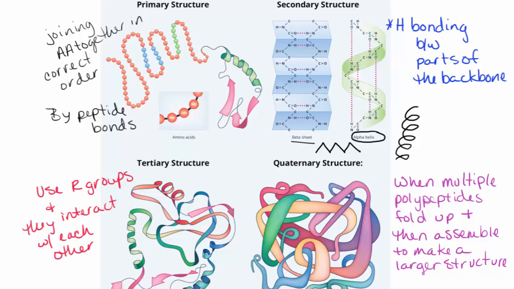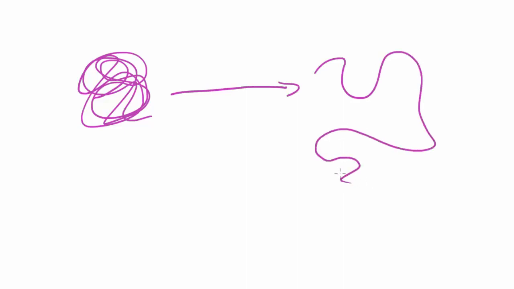Now, one last thing to talk about here is what happens if the protein unfolds. So it is possible that sometimes we have this perfectly folded protein and then something changes and it causes it to now get all unfolded. When we have a protein that unfolds, that process is called denaturation. So denaturation is the process.